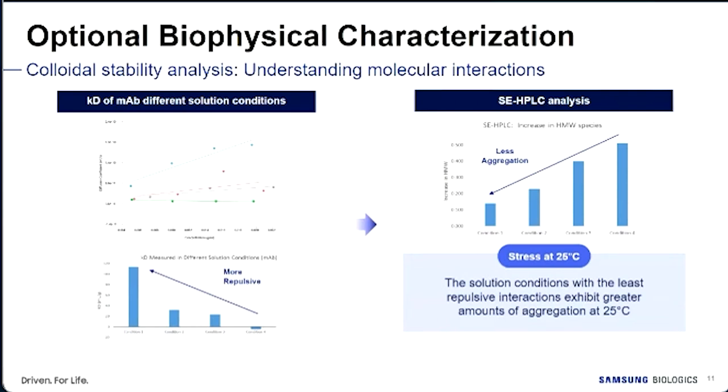Here we can see an example of a monoclonal antibody that exhibits different attraction repulsion behavior under different solution conditions and its correlation to the extent of the aggregation when stored at 25 Celsius.